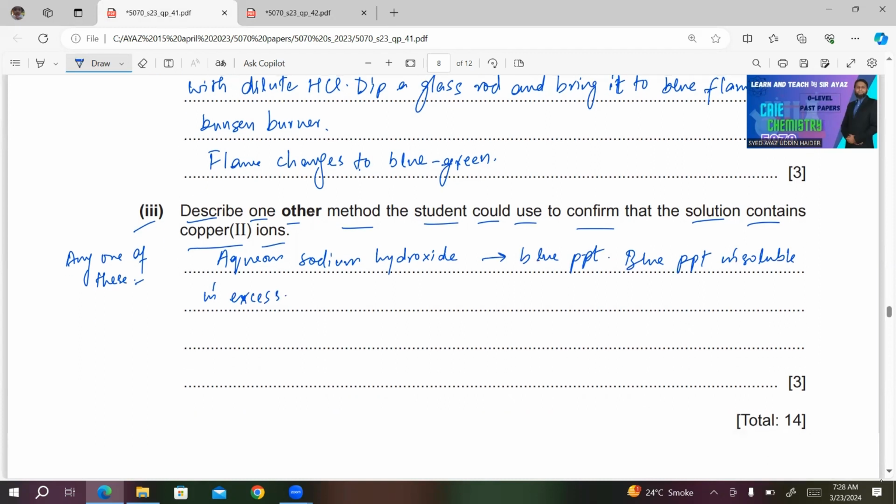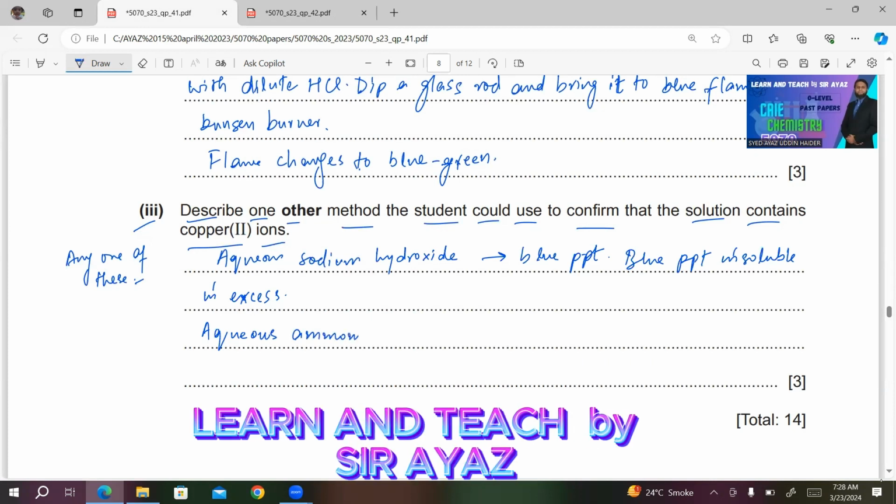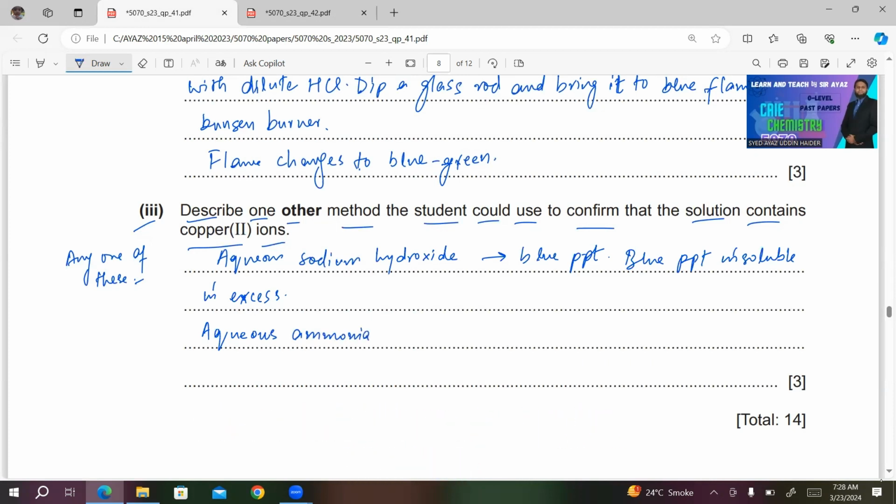Or you have aqueous ammonia, it also again gives a blue precipitate.